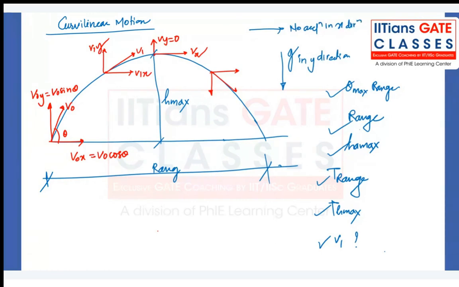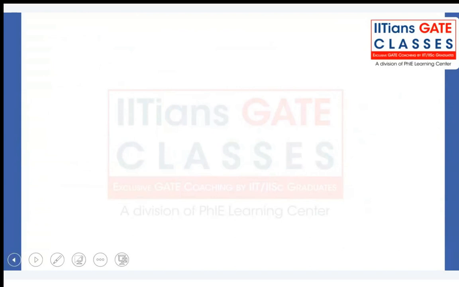Okay, so with this, can you tell me if the initial velocity is v naught and the two components are v naught x and v naught y.